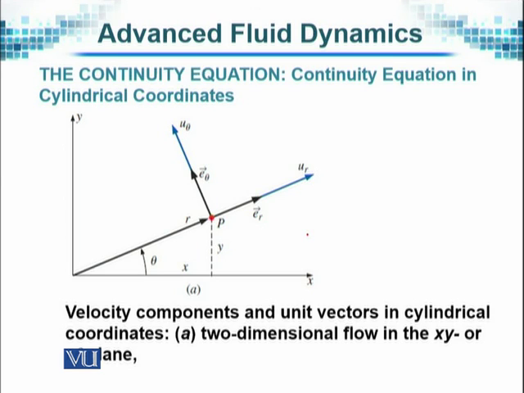If we try to show it in a diagram, then again, as usual, for the two-dimensional motion, if x and y are rectangular coordinates in a plane, then we convert them to cylindrical coordinates and they will be simply r and theta, because it's two-dimensional. r is in the radial direction while theta is in the angular direction.